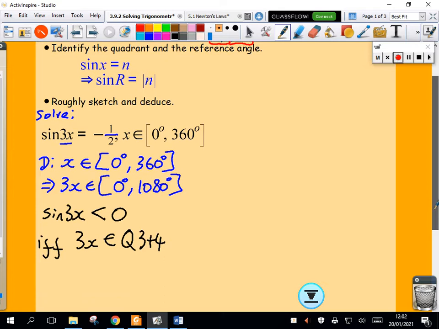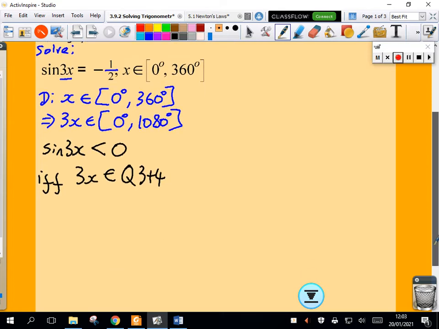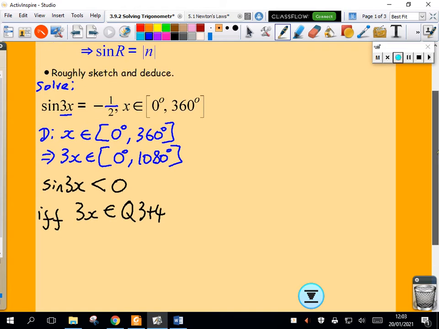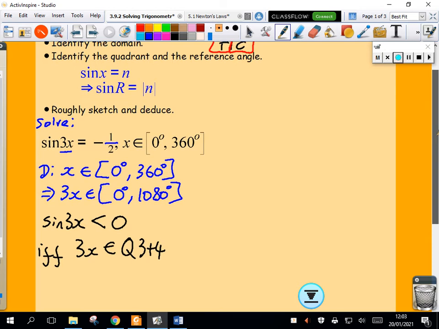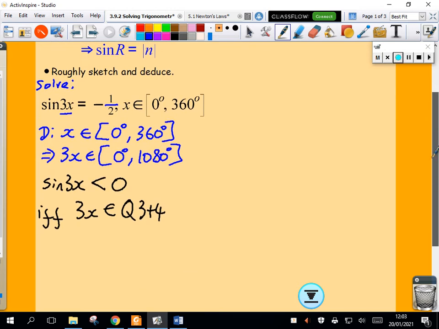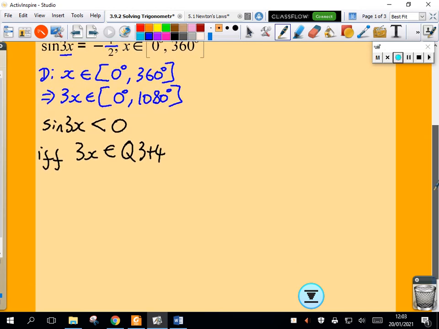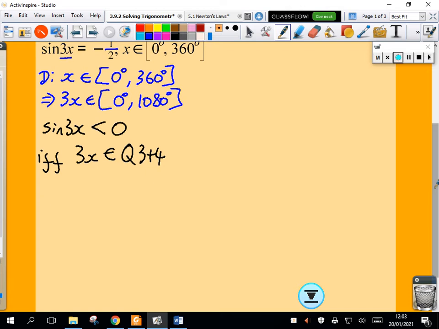I'm going to scroll down a little bit, work down the page here. The next thing I want to do, and again, just go up to your list of instructions, is identify the quadrant and the reference angle. So what are we given? We're given that sine of 3x is negative 1/2. So we can work out what the sine of the reference angle has to be.